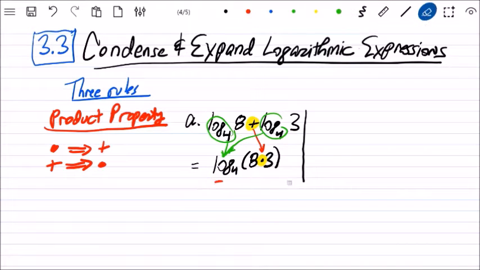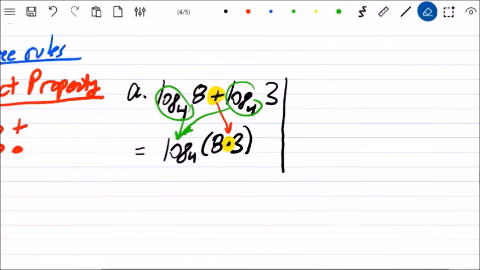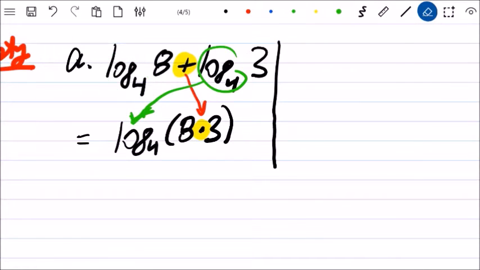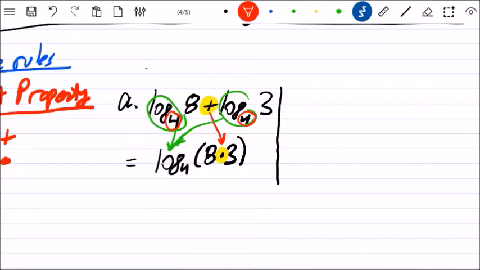Must be same base. So this is a nice rule, but it must be the same base.